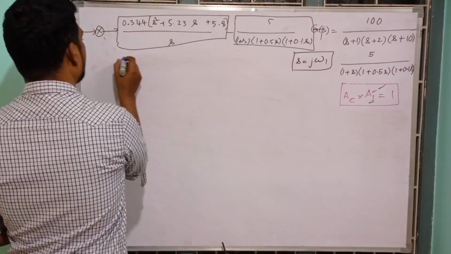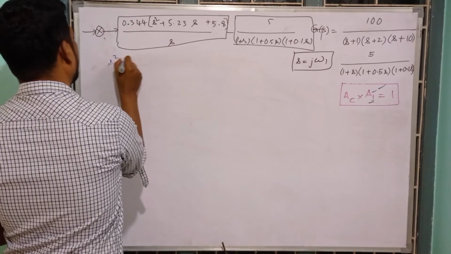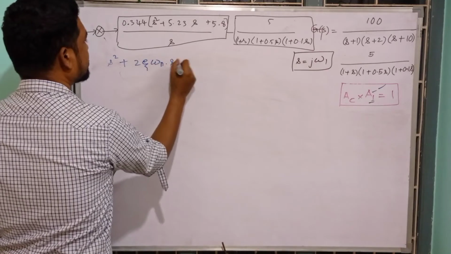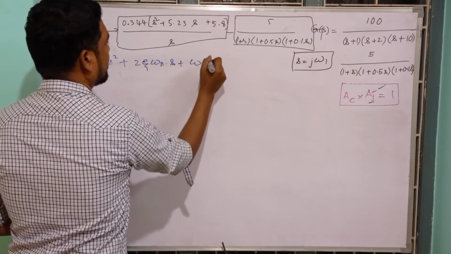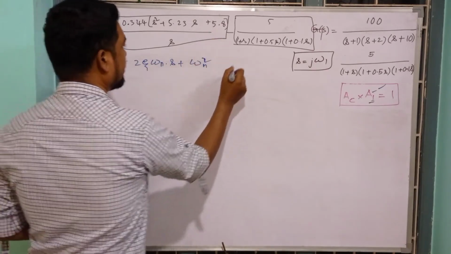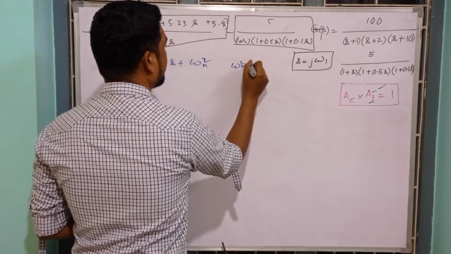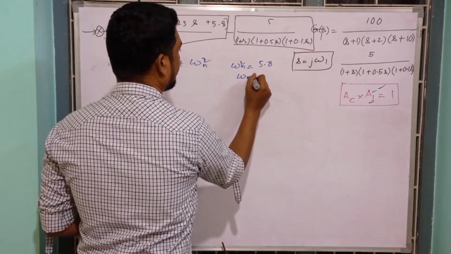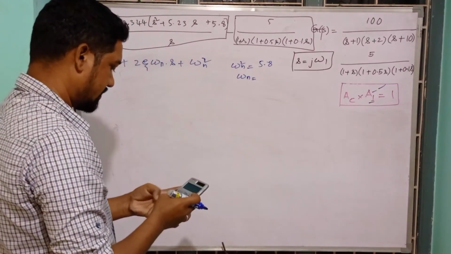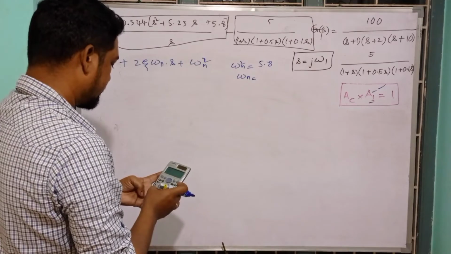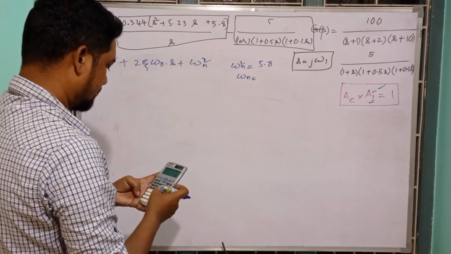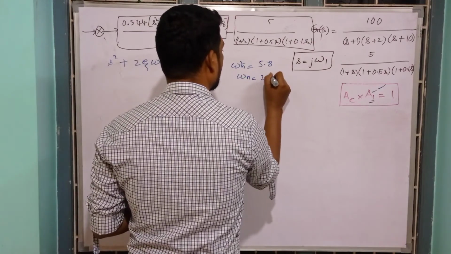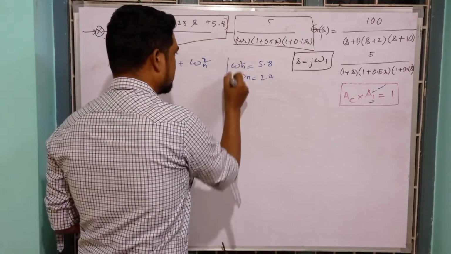This is very similar to the second order system, S square plus 2 zeta omega n S plus omega n square. Now omega n square will be equal to 5.8, so omega n will be under root 5.8, which is 2.4. Omega n is 2.4.